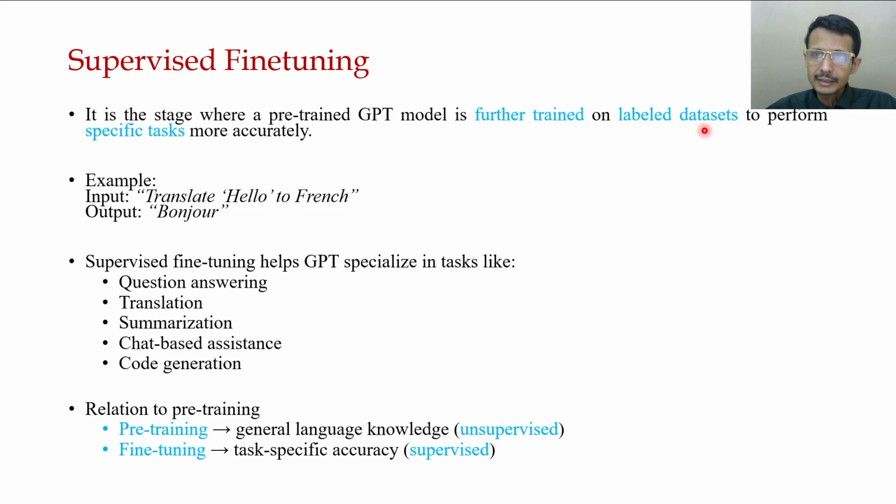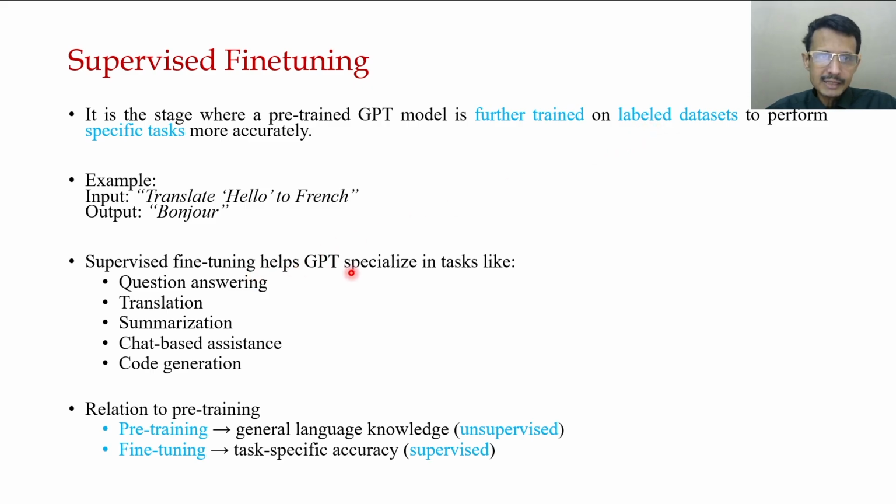It's a small dataset to perform a specific task more accurately. For example, translate "hello" to French, and "hello" means "bonjour" in French. So this is a kind of annotated or labeled dataset.